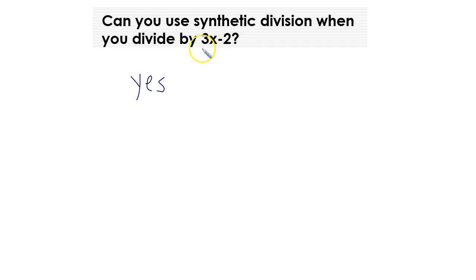This is a linear function, so we can divide by it. You just set 3x minus 2 equal to 0 and solve, which gives you positive 2/3. When you synthetically divide, you would divide by 2/3. You would end up with some fractions as you go through your synthetic division, and that's okay. You just have to keep up with them and be careful.